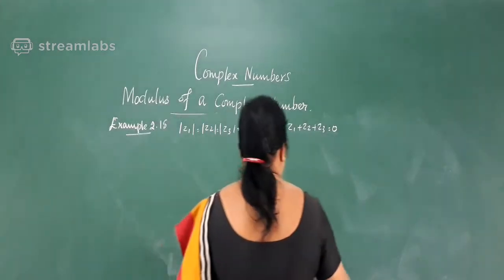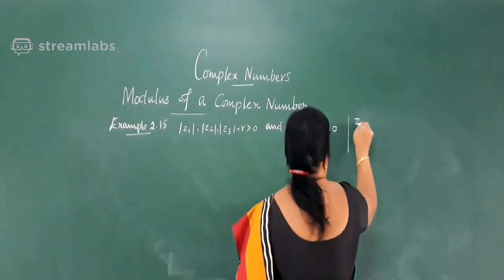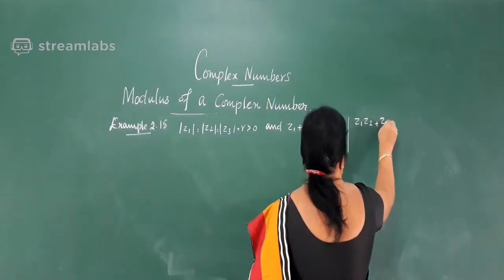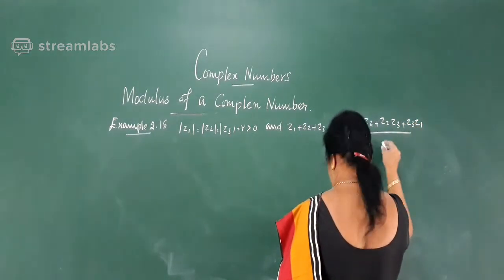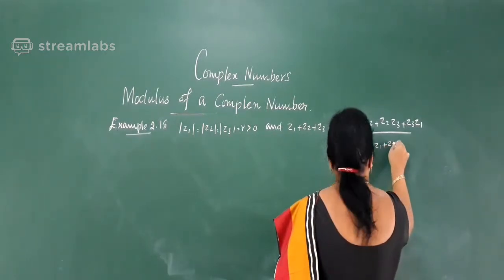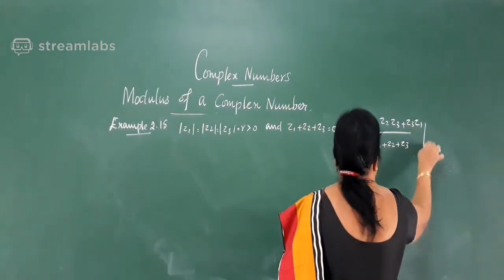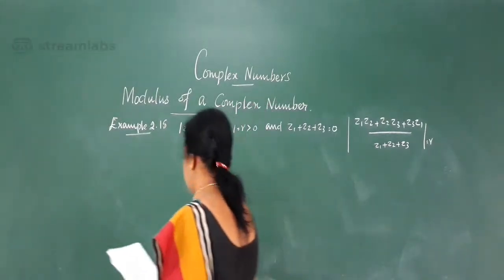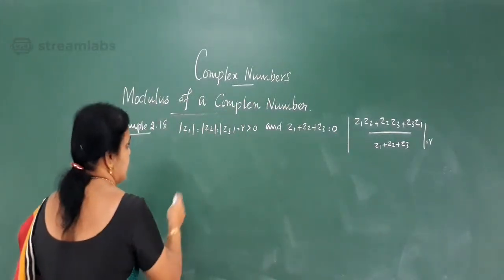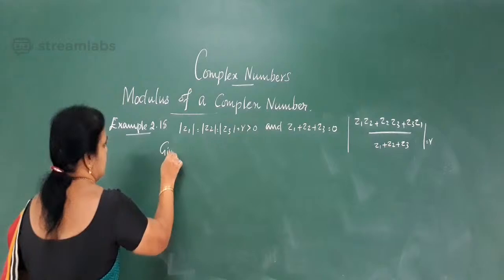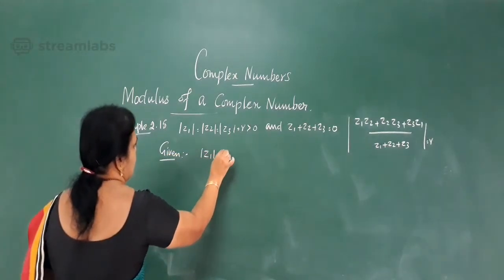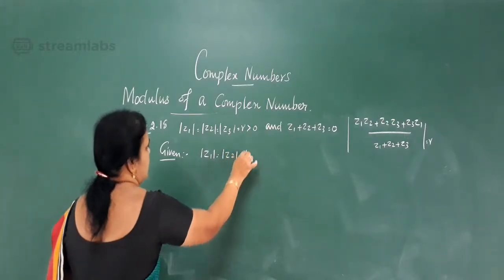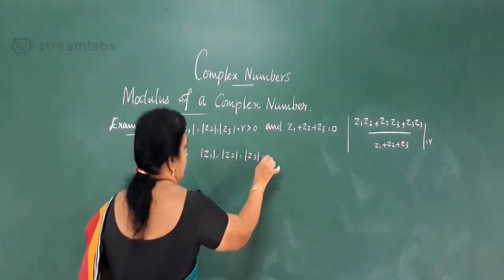We have to prove that the modulus of (z1z2 plus z2z3 plus z3z1) by (z1 plus z2 plus z3) is equal to R. Given that mod z1 is equal to mod z2 is equal to mod z3 is equal to R.